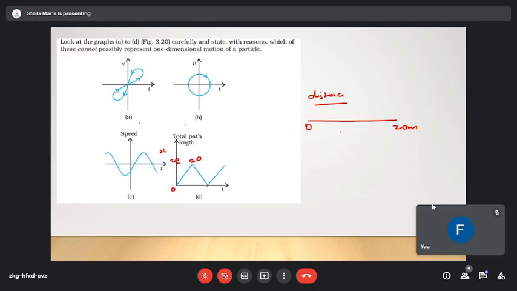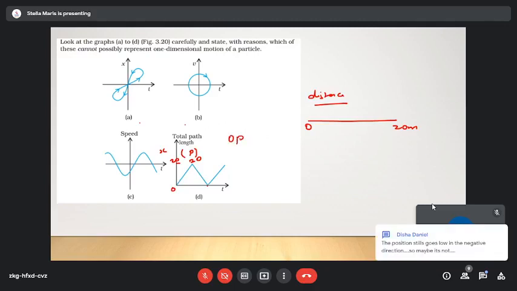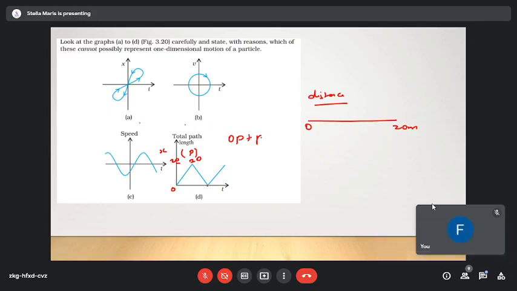Jayashri, you there? Yes, sir. Okay, I'm assuming this 20. No, this is a point P. Okay, Jayashri. Now what is the formula for this? I can say OP, O to P, right? O to P plus P to O. This is O, right?